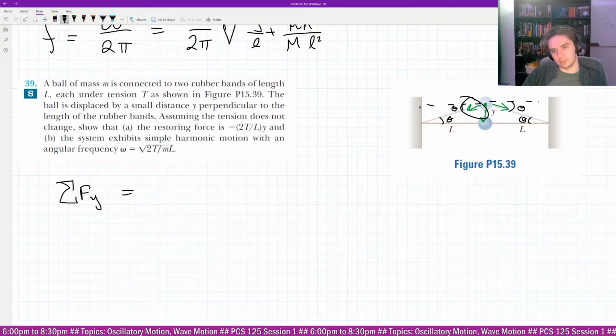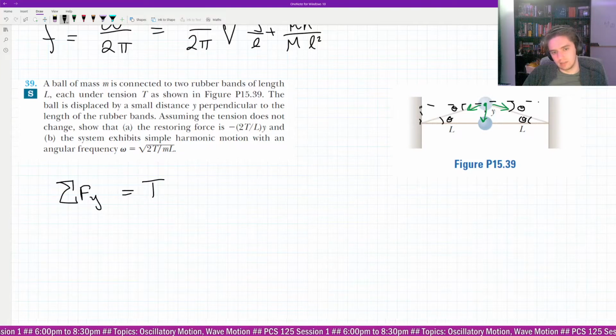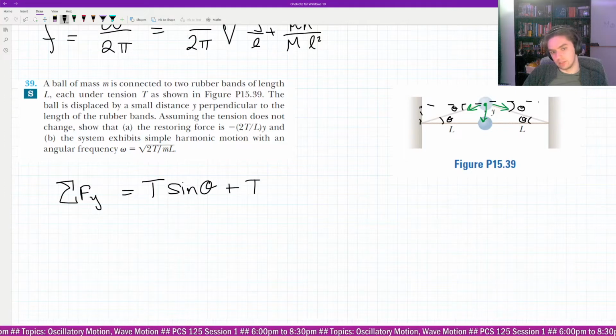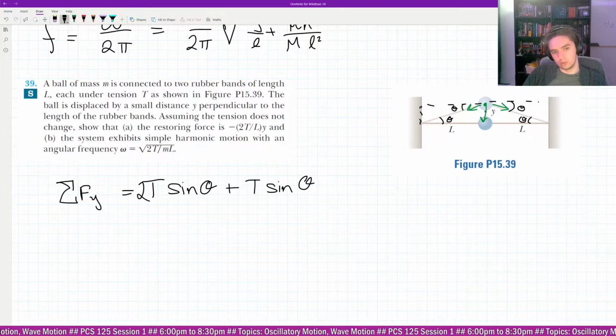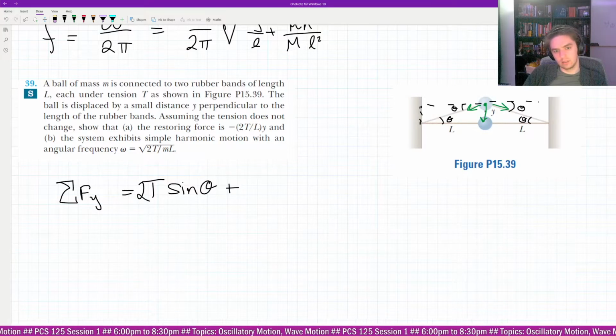So let's start with this force here. The force acting in the y direction is tension times sine theta plus, again, tension sine theta. So 2 tension sine theta.